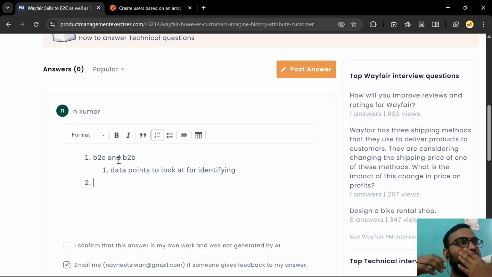Okay. So before looking at data points, it is critical to understand to whom we qualify as B2B or B2C, because before going to find data, we need to have a perspective of what we call a B2B or a B2C. In a general sense, B2B is business to business, and B2C is business to consumer.